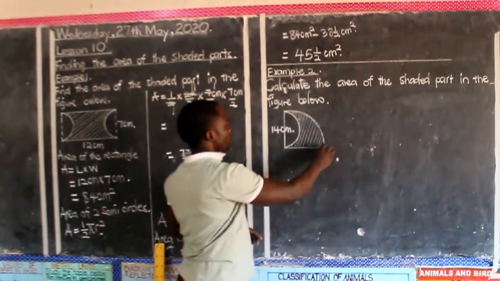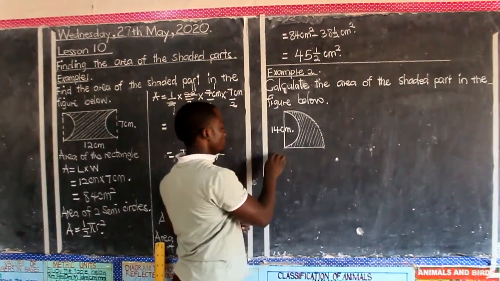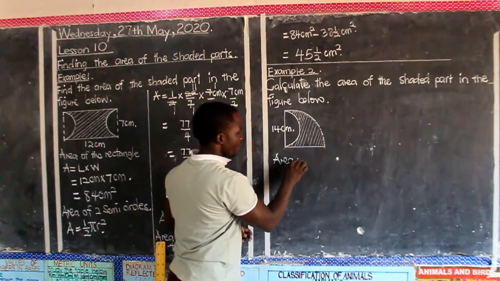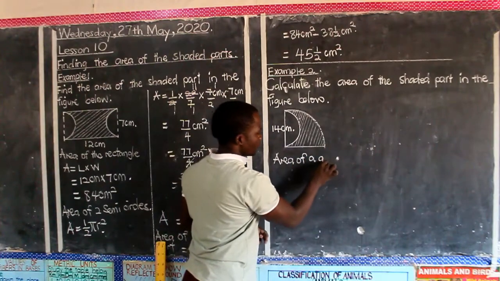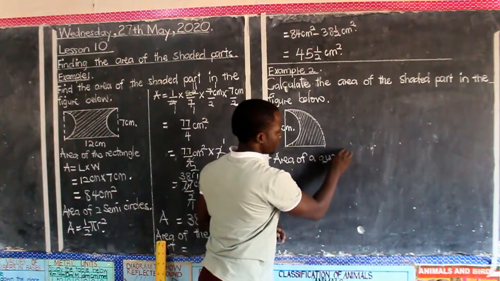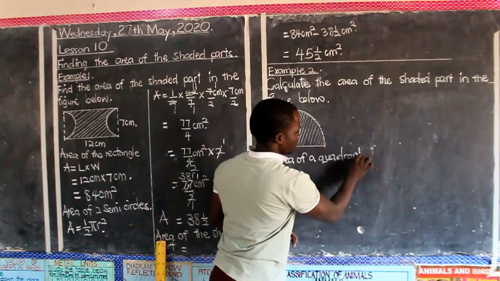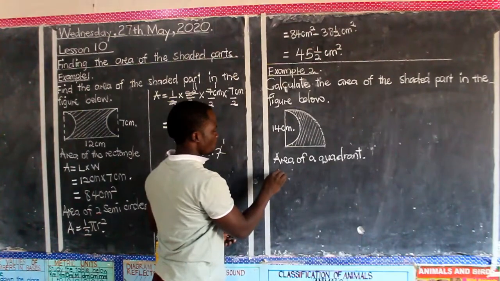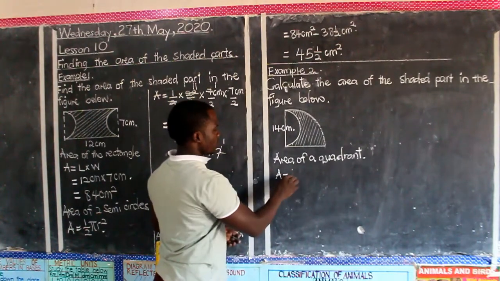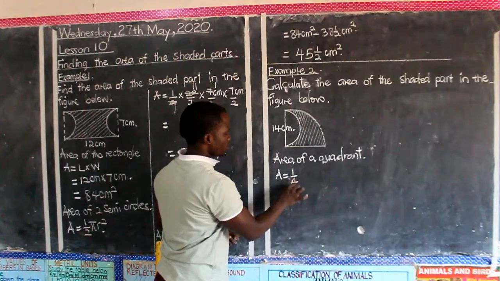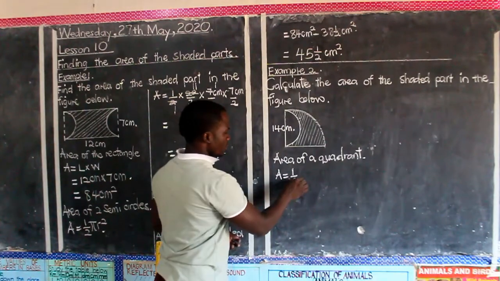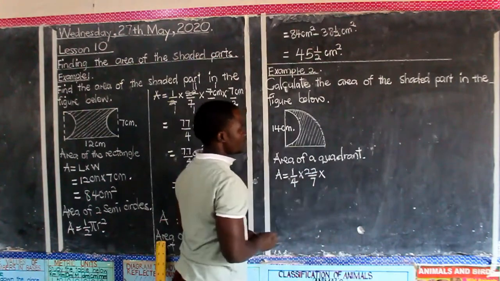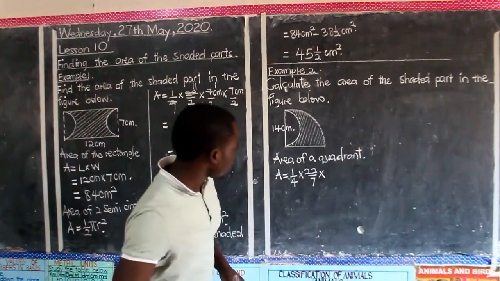So the area of the outer figure is the one we are beginning with, and the outer figure is a quadrant. So area equals a quarter. We are using pi of 22 over 7.